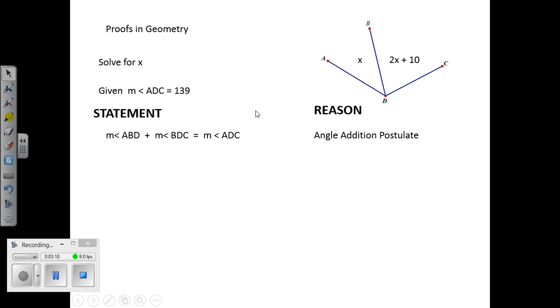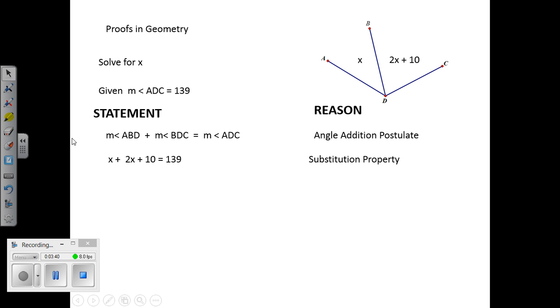Angle addition. Next, we were told in algebra what those angles were, so we're going to plug those in. What do we do effectively? We're replacing ADB with x, BDC with 2x plus 10, and ADC with 139. So we've substituted our values from algebra into the geometric statement, substitution property.